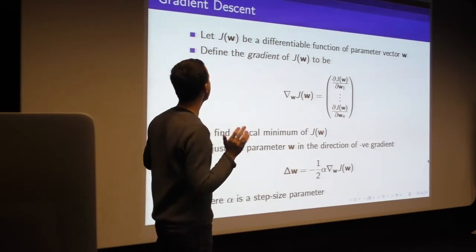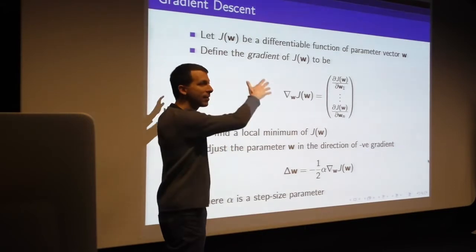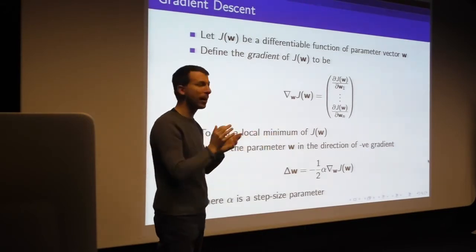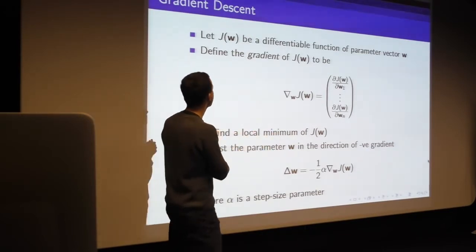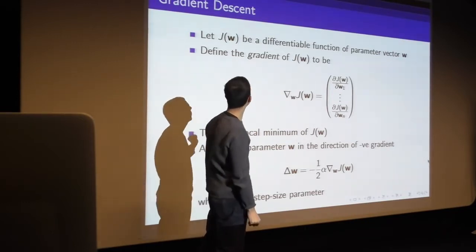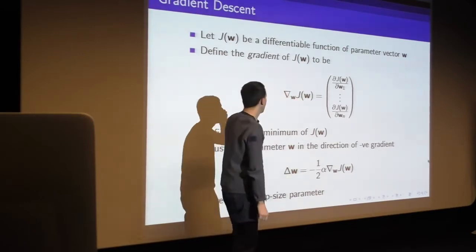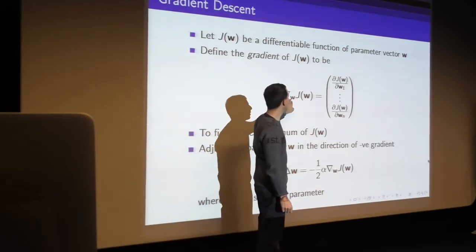So we're going to consider some function. This is just gradient descent in general before we move to our value function approximation. Let's just consider some differentiable function J with parameter vector w. And we're going to use this definition of gradient, this grad w notation.